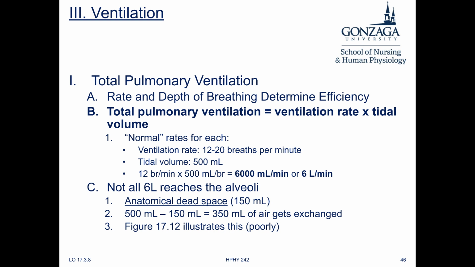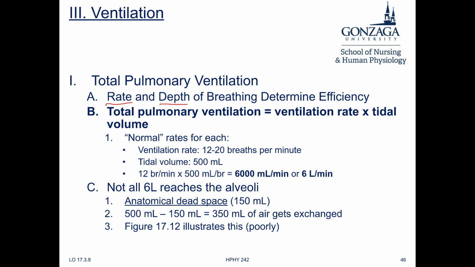So this is just the total amount of air that is moving into the lungs. And when we have to talk about total pulmonary ventilation, the rate of breathing and the depth of breathing are going to determine the efficiency of gas exchange.